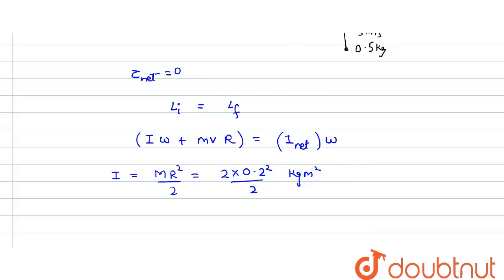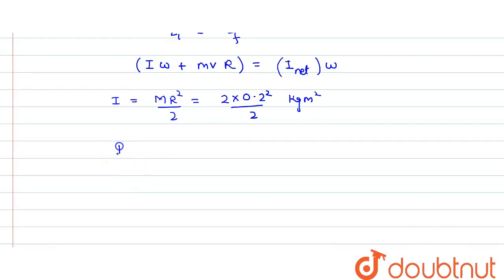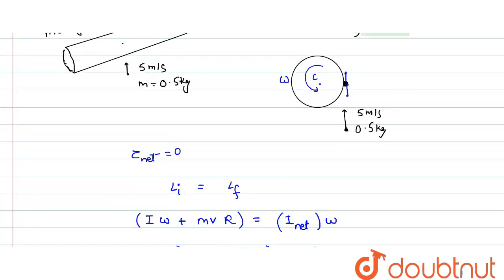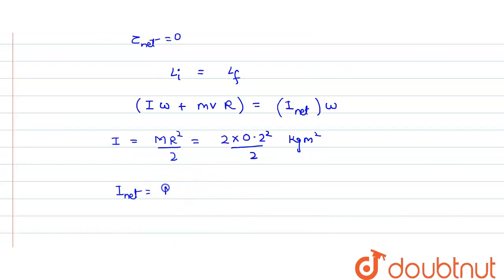Now what would be the final net moment of inertia in the final state? It would be that of the rotating cylinder, M R square by 2, plus that of the particle.